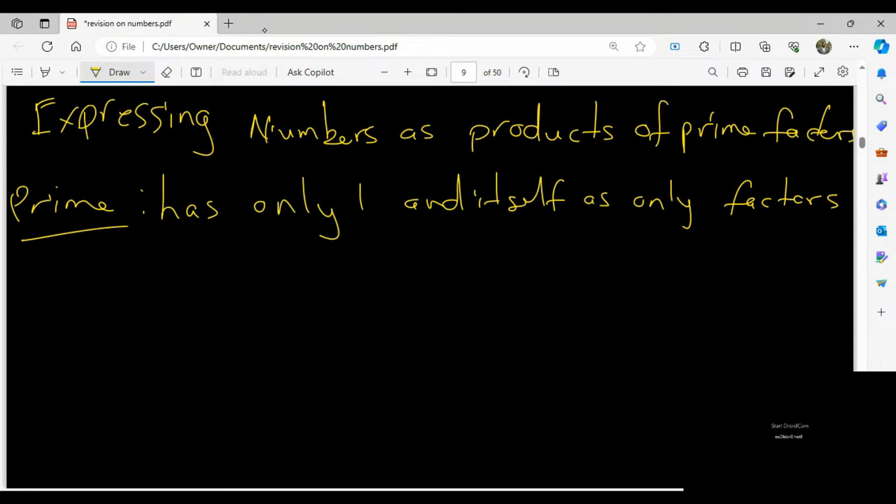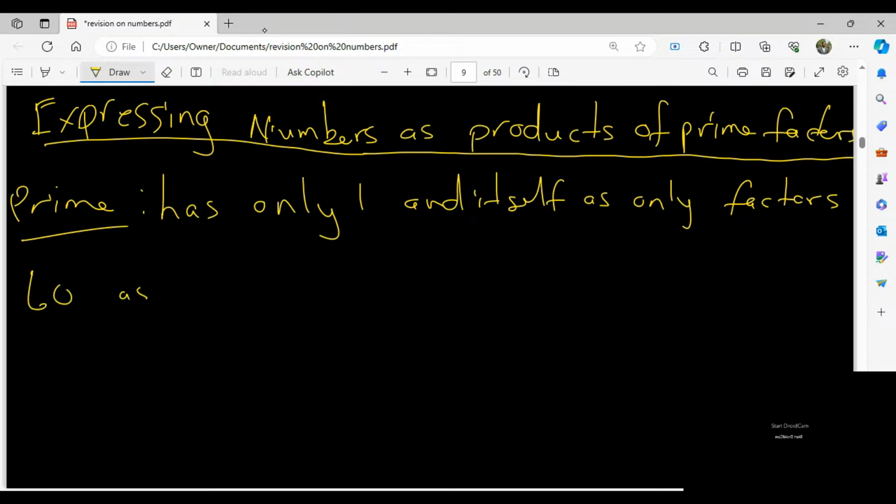So all numbers can be expressed as products of their prime factors. Okay. So for example, let's say we were asked to express the number 60 as a product of its prime factors.